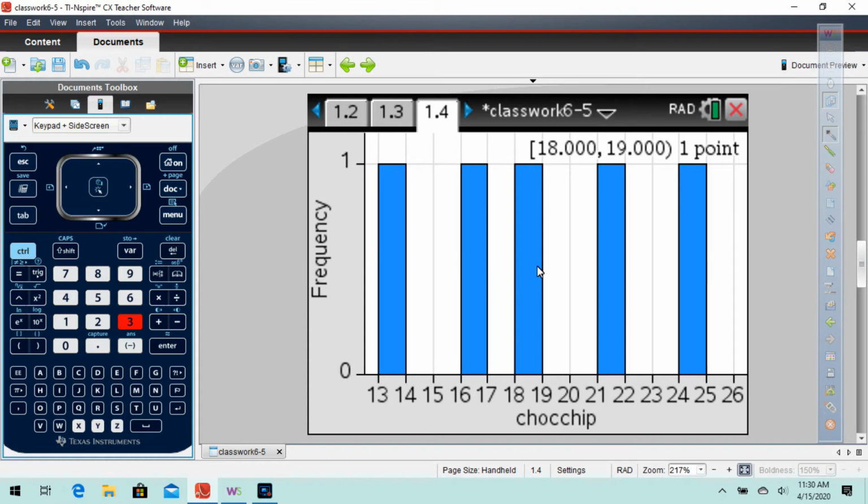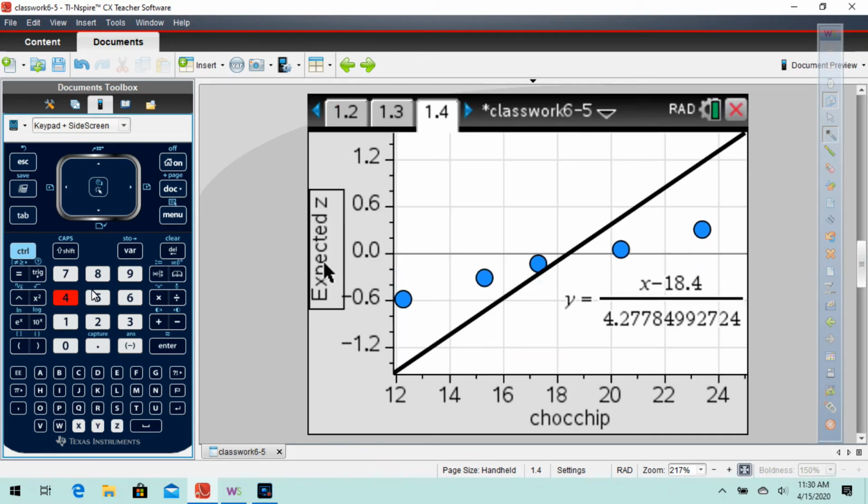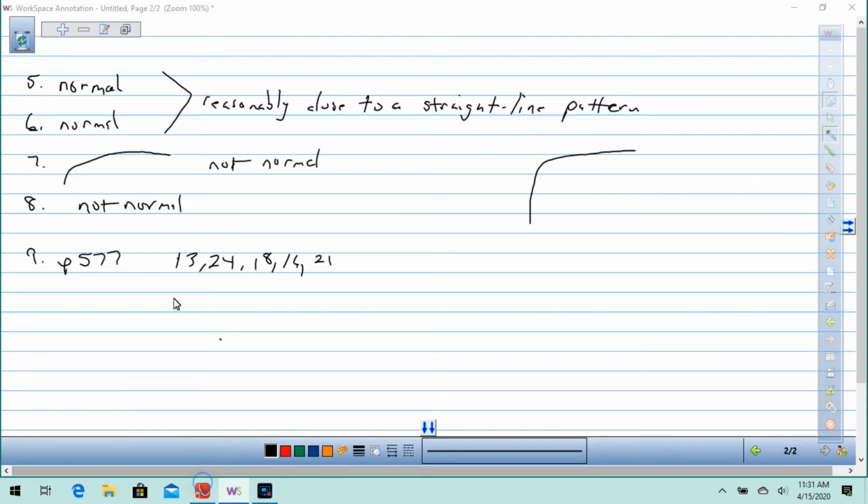You'd have to play with the histogram to see what you could do with it. What we might do is go menu, 1, and then 4. Well, let's take a look at this. Now, these are reasonably straight lined. Okay, I'm not really seeing a systematic pattern. So I'm going to say for number 9 and number 13, normal.